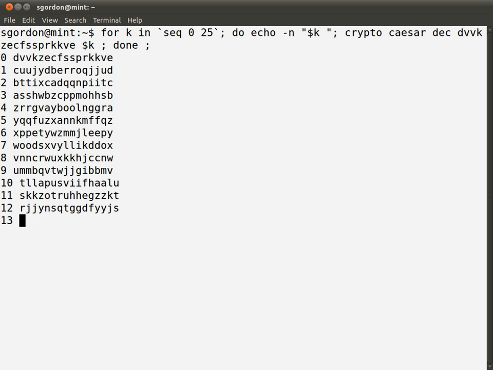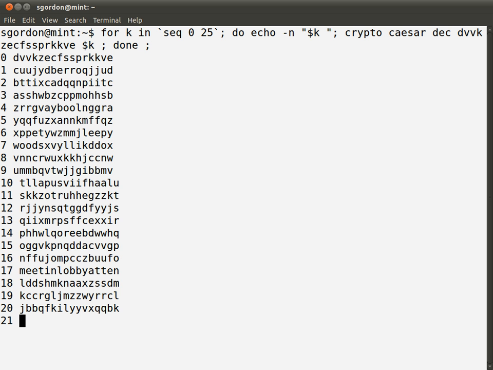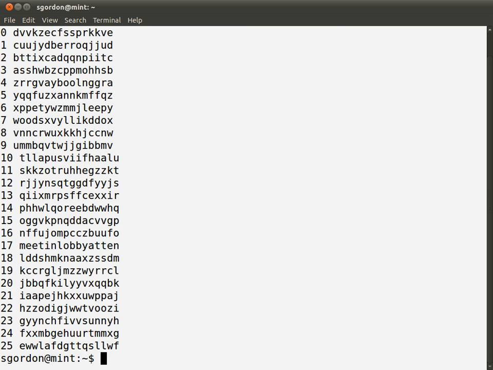It's trying all. Okay, so we've found the key. By trying all 26 keys, we got 26 different possible plaintexts.